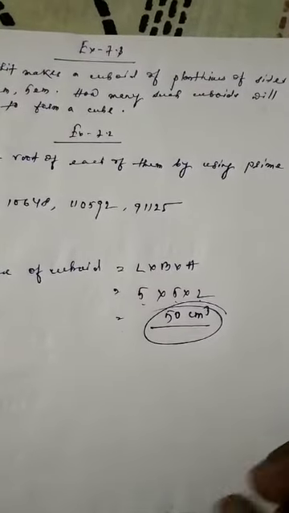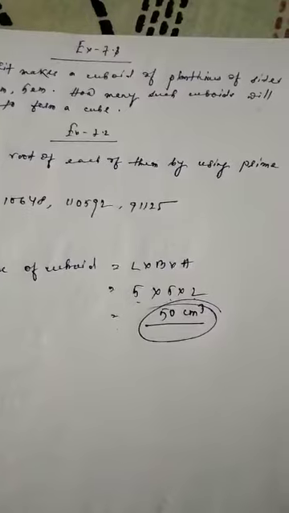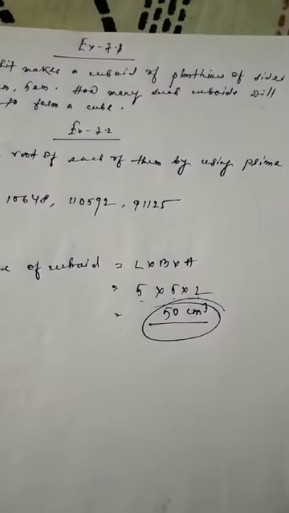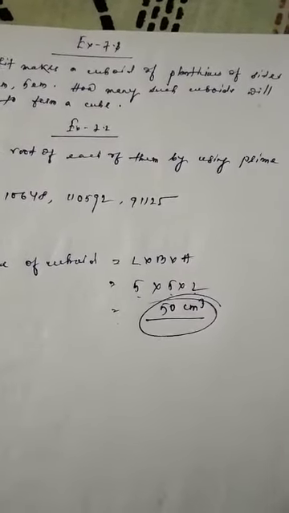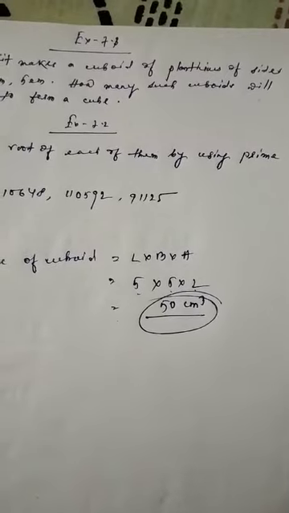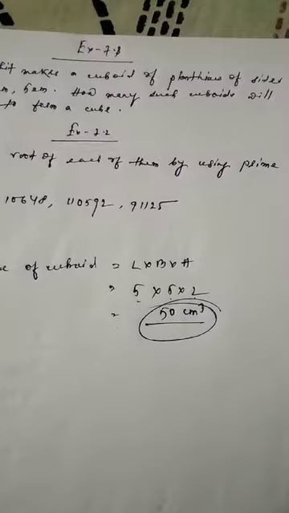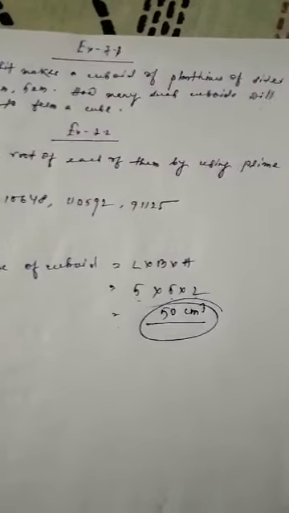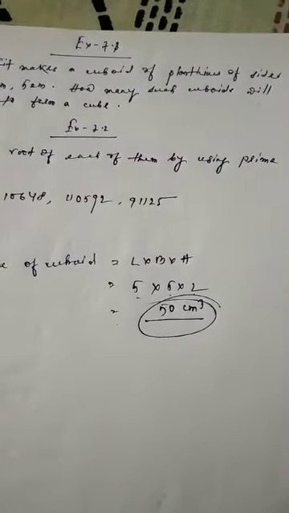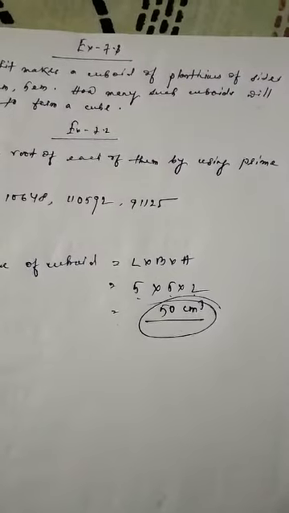Now, children, we have to find the prime factorization of this number. Why should we find the prime factorization of 50? Because 50 is not a perfect cube number.